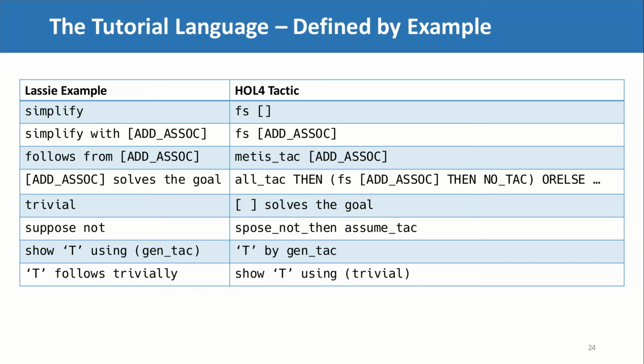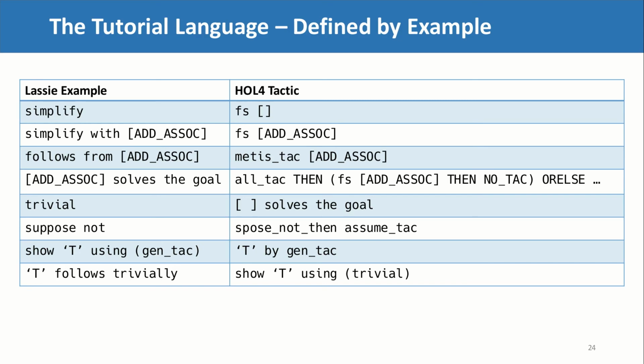What is interesting now is that we can also reuse that to define a trivial tactic, which just uses no additional theorem, but all of the ones that have been loaded so far into the context to prove a theorem. And similarly, we can then derive additional, more elaborate tactics, for example, true follows trivially at the bottom of the table, by defining it as show true using the trivial tactic, which then just automatically can enrich our assumptions in an interactive proof.